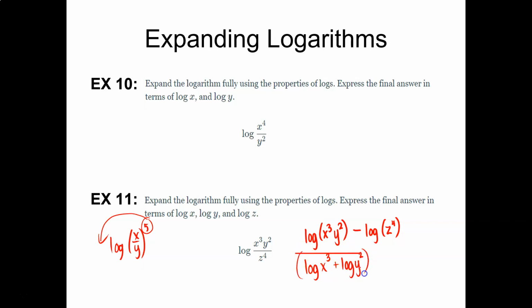You can put parentheses here if you would like. Because of order of operations, it's not required, but I think it'll take it either way. And then last on this one, you would pull the exponents out. So you'd have 3 log of x plus 2 log of y minus 4 log of z.